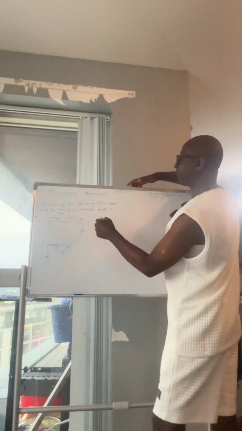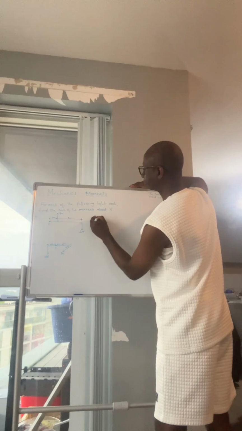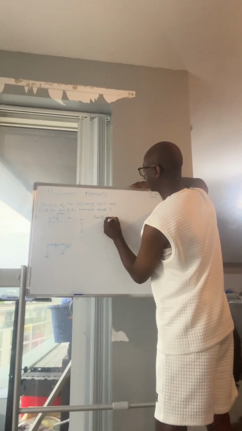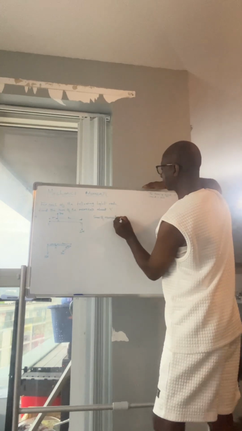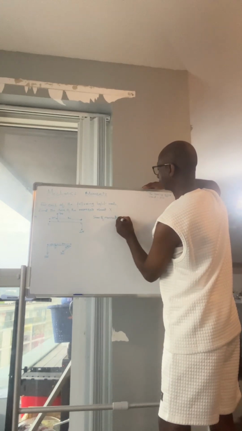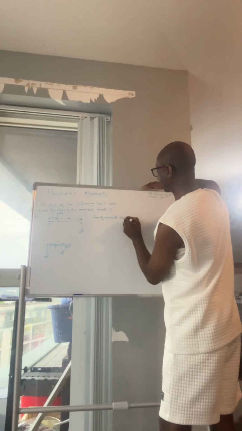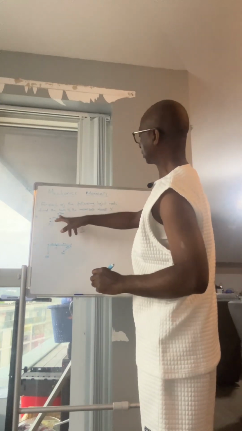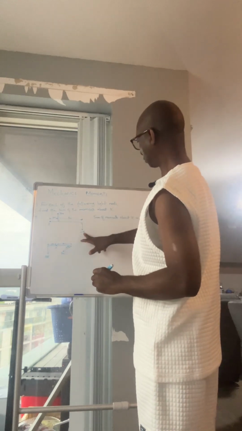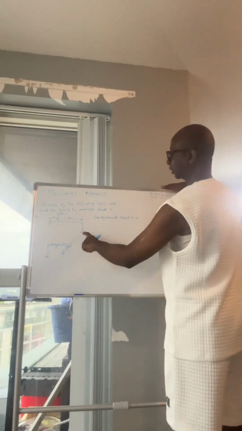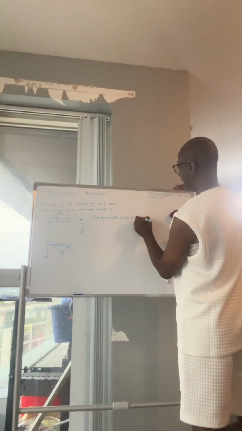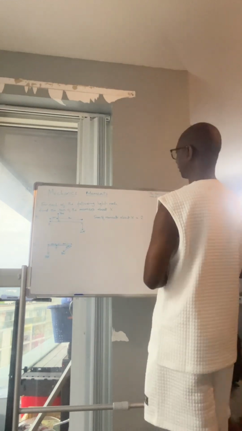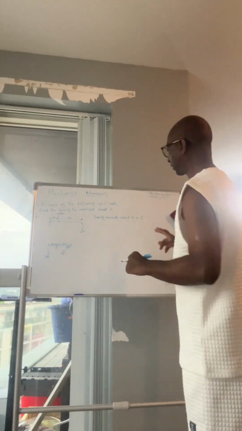So now we say the sum of the moments about the pivot x is equal to, let's start with the positive one, 2 newtons. You know the moment is force times perpendicular distance.